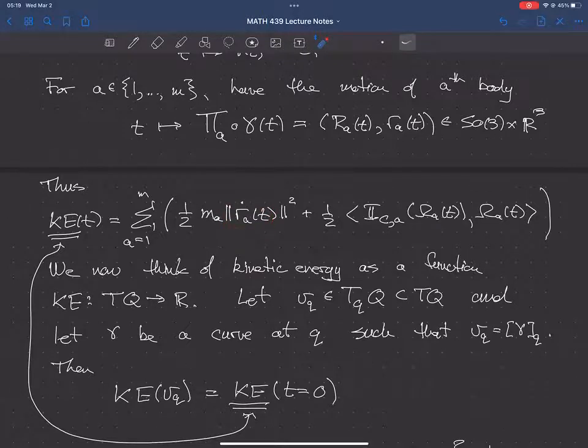This is the norm squared, so it's a quadratic function of velocity, and of course this is 1/2 mv squared. Similarly, the dependence on angular velocity is quadratic, so this is a symmetric 3×3 matrix times this thing. The point is that this is a quadratic function of r(a) dot and omega a.